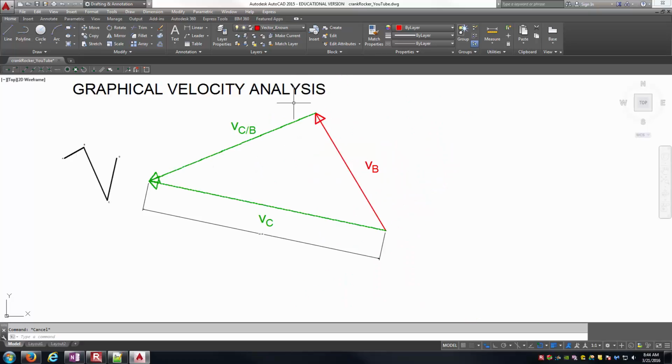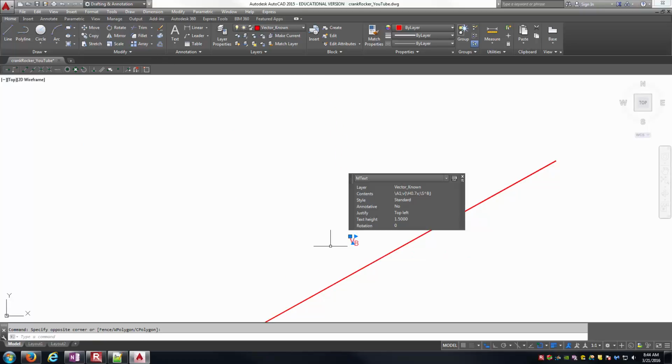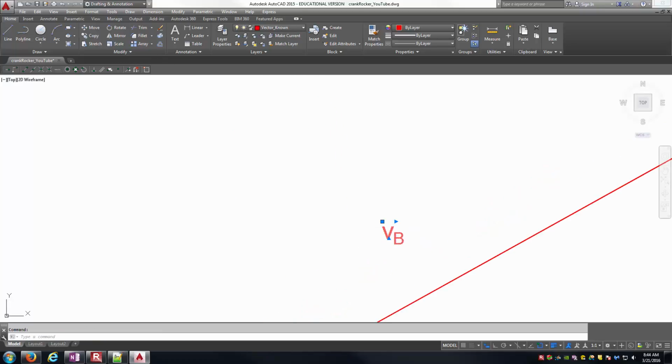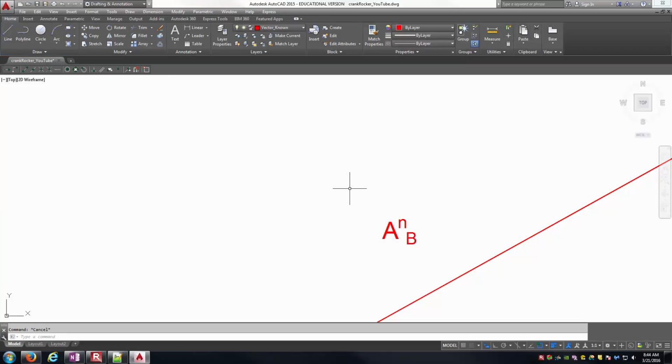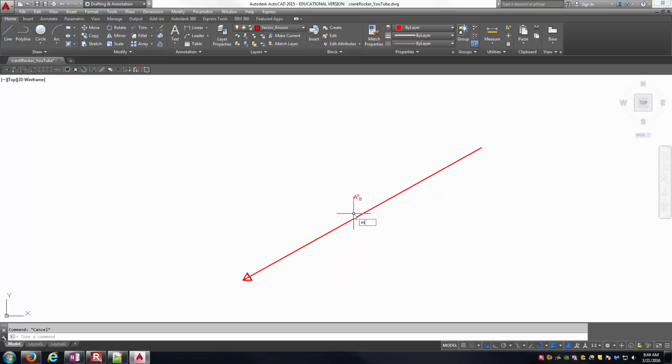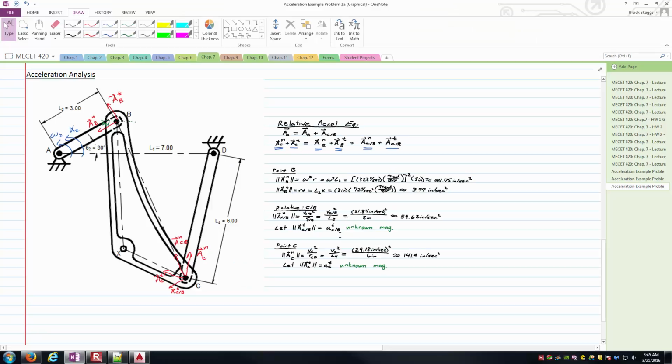This is the normal component of B. And so here I'll grab a multi-line text object, acceleration, normal component of B, and we'll give ourselves a little label here. Just like so. And so there's the first vector in our equation, the normal component of B.